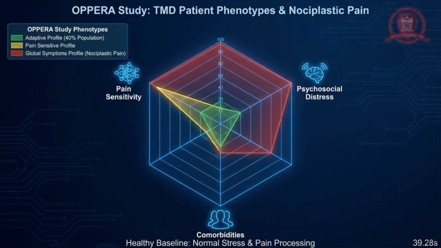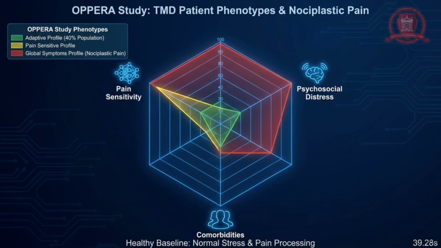The OPERA study categorized patients into 3 distinct phenotypes based on these variables, represented on this radar chart tracking pain sensitivity, comorbidities, and psychosocial distress. The adaptive profile scores low on all 3 axes. They process stress and pain normally. Only about 40% of the general population possesses this healthy baseline. The pain-sensitive profile maintains normal psychosocial scores, but spikes only on the physical pain sensitivity axis.